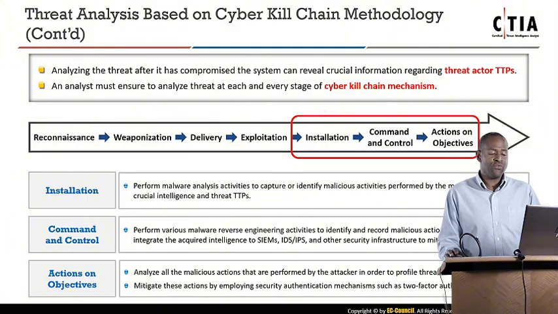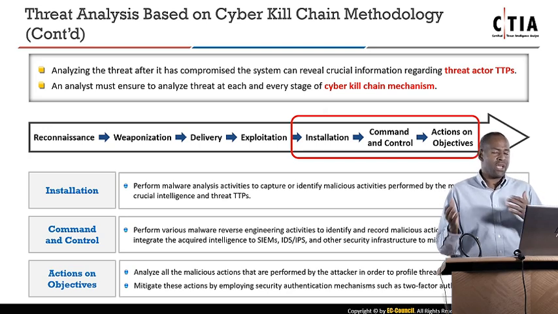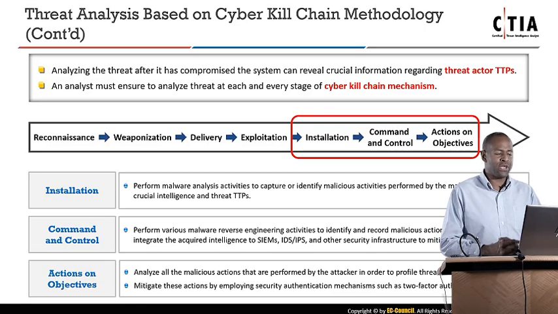What this can do for us is reveal crucial information regarding the threat actor's TTPs, and we want to get it at the earliest stage possible in the cyber kill chain mechanism. So we want to go as far back as possible, as early as possible, and we want to look at each step in the kill chain.